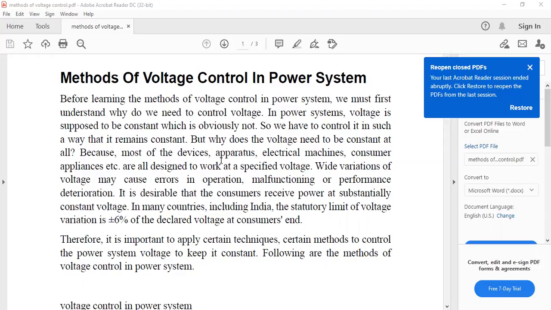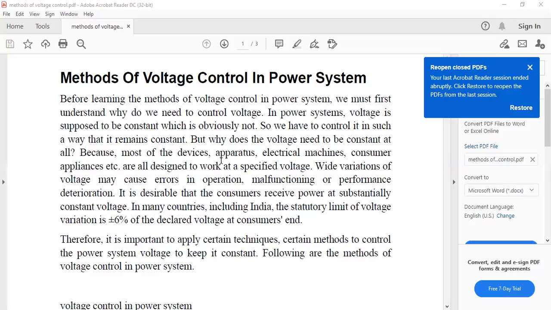It is very important to maintain the voltage level constant. Why? Because wide variations in the voltage may cause errors in the operation of equipment, cause malfunctioning of the equipment, and lead to deterioration or damage of the equipment.